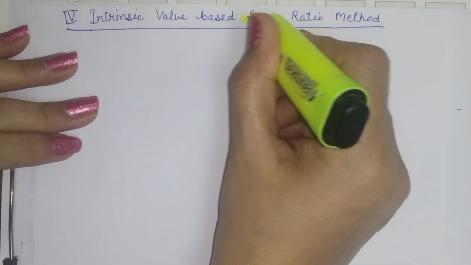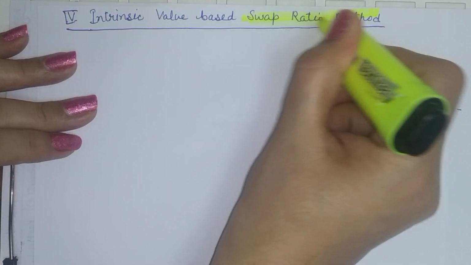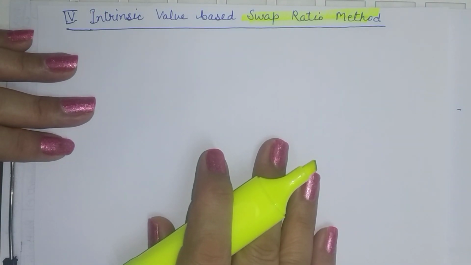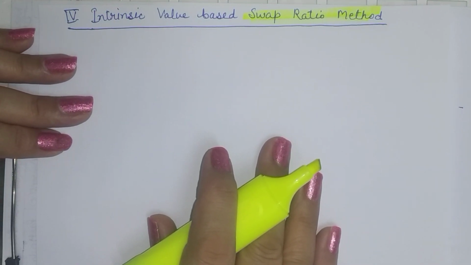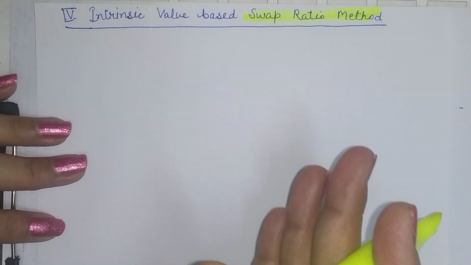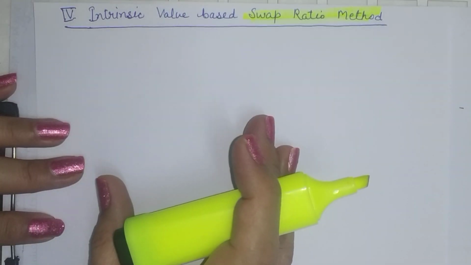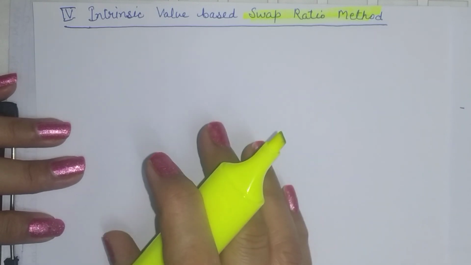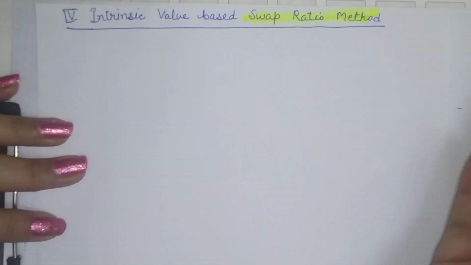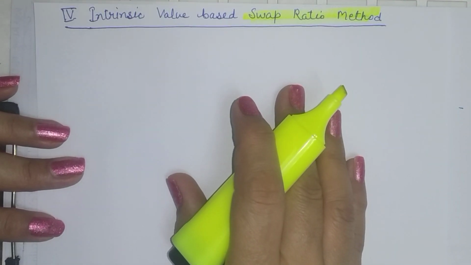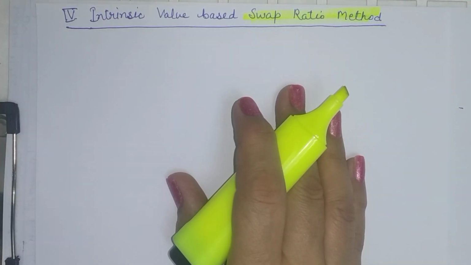That means that against the shares in one company which is going to be liquidated, that is the selling company, the shareholders will get shares in the purchasing company on the basis of some swap. Swap is that you are holding a certain number of shares in one company and you will get accordingly proportionate shares in the other company. So it is the swap ratio according to which the purchase consideration will be determined.